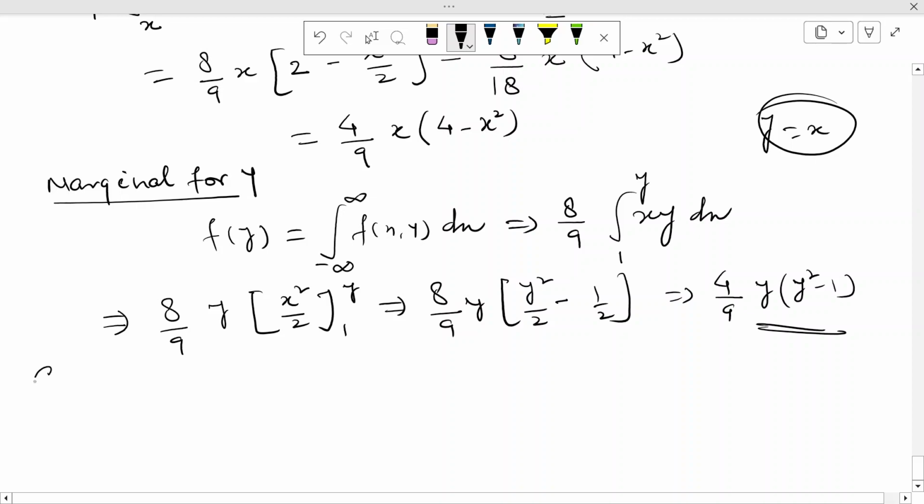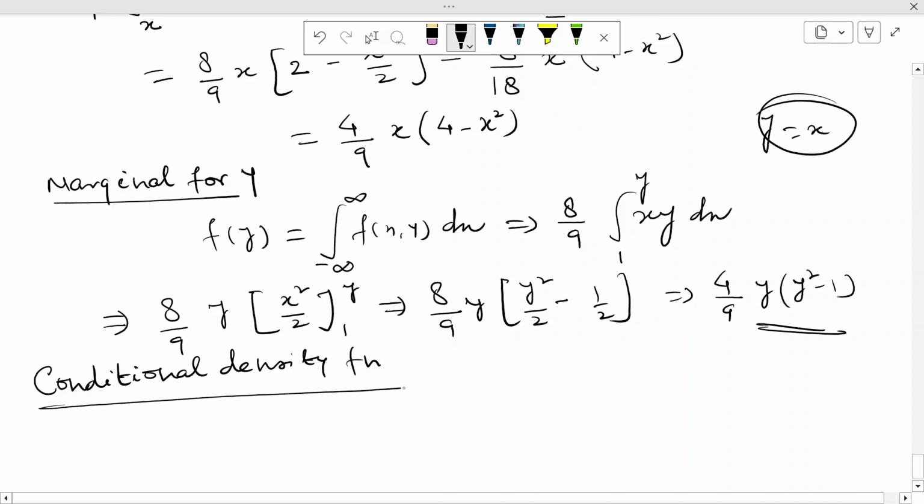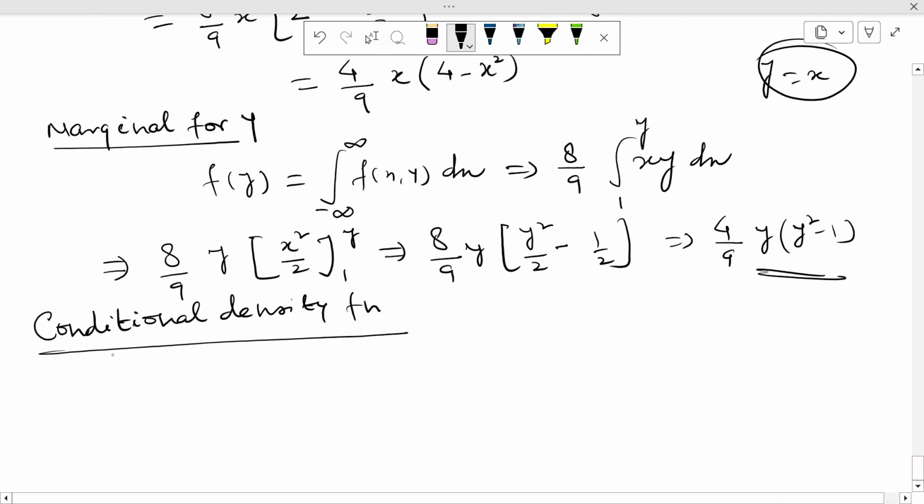Now suppose we have to find out the conditional density function. We are having two conditional density functions. First, for x given y, that will be fxy divided by fy.